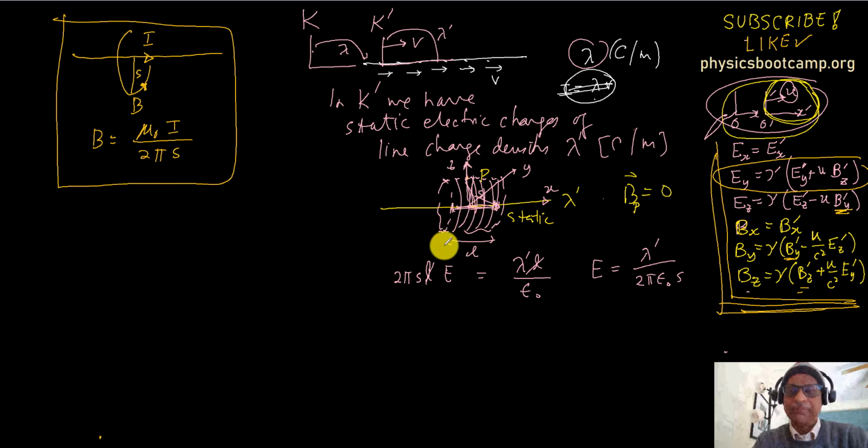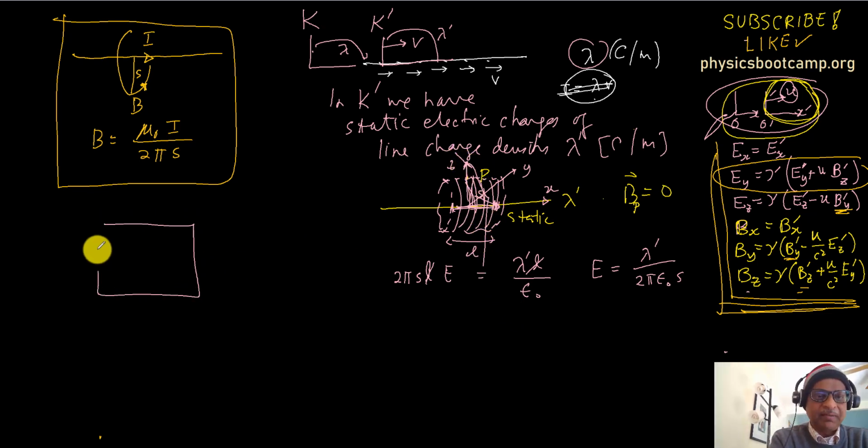Now if I look in the YZ plane, say this direction is theta, then this is the direction of electric field. If I'm over here, the electric field is in that direction. If I'm here, electric field is in that direction.